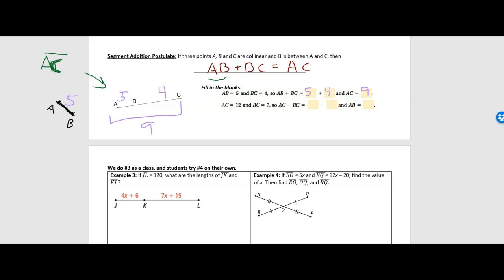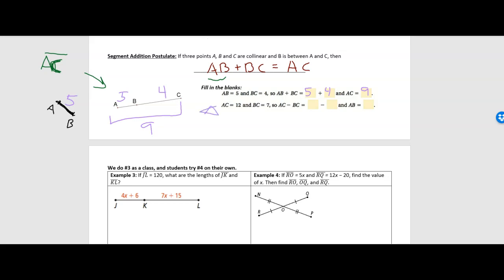And again, it doesn't matter that it looks like AB is longer than BC. This doesn't have to be drawn to scale. We can't assume just because a segment looks smaller than another one that it actually is, unless the image says that it's drawn to scale.